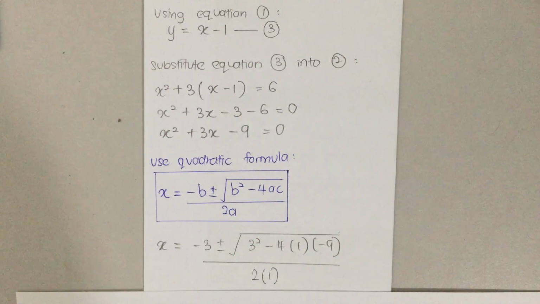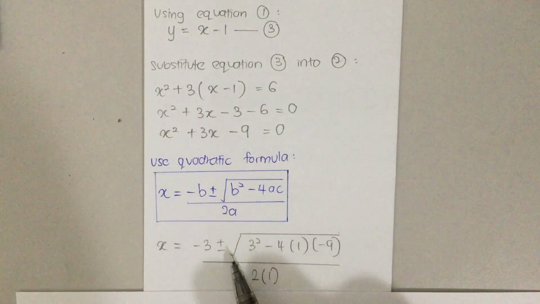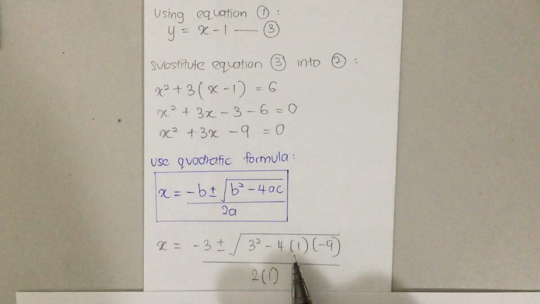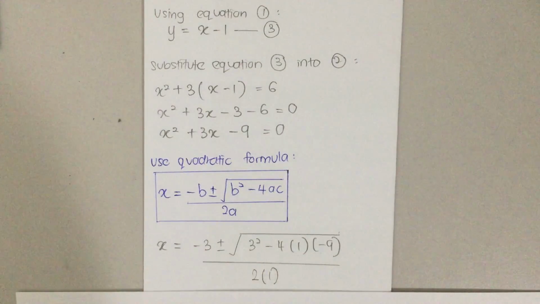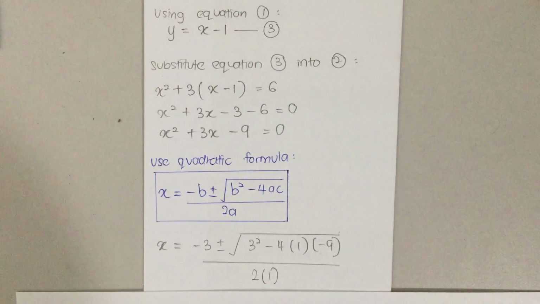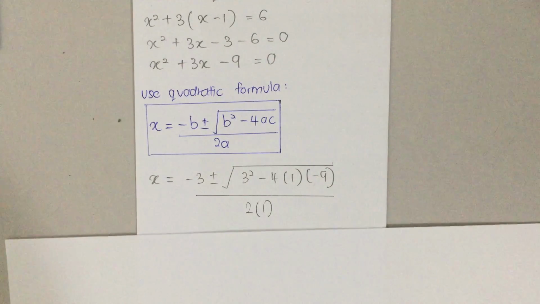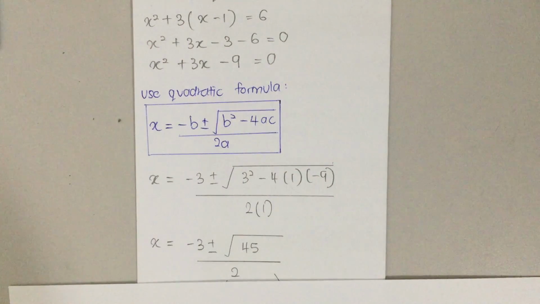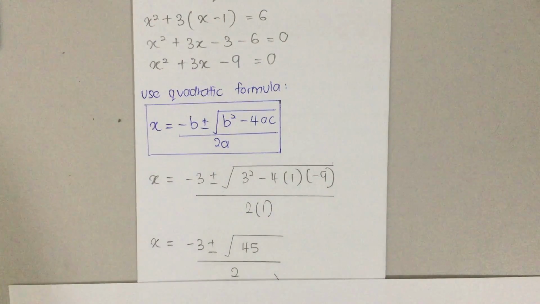We already substituted the values here. So from here we get x equals negative 3 plus minus square root of 3 squared minus 4 times 1 times negative 9, divided by 2 times 1. Okay, let us proceed to the next step guys. So from here you'll get negative 3 plus minus square root 45 over 2.